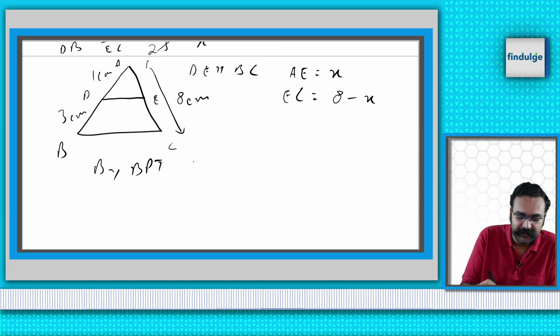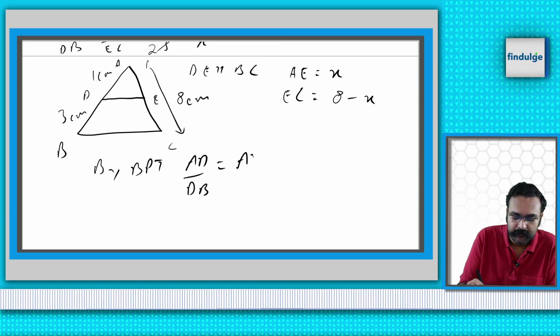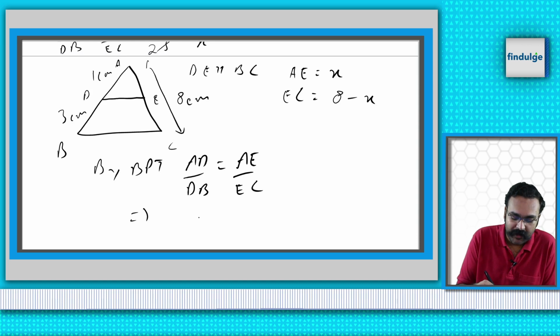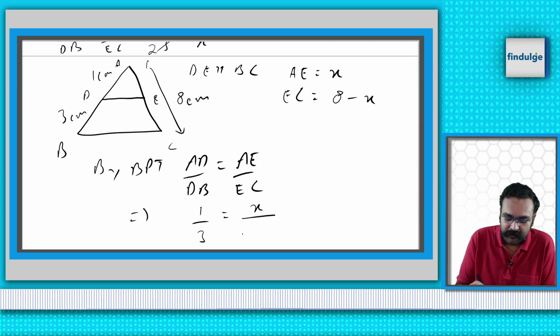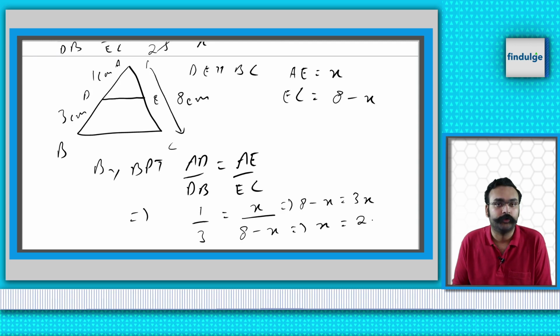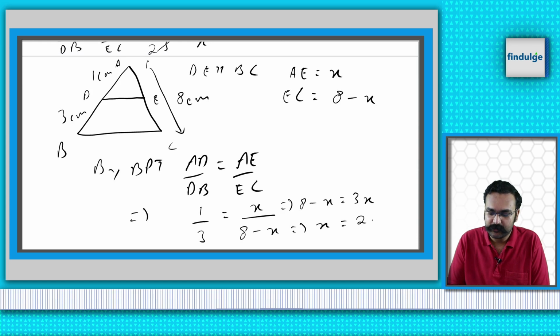We know that AD upon DB is equal to AE upon EC, which implies that we have the case of 1 by 3 is equal to X upon 8 minus X, which clearly means 8 minus X is equal to 3X, which means that 8 is equal to 4X, X is equal to 2.